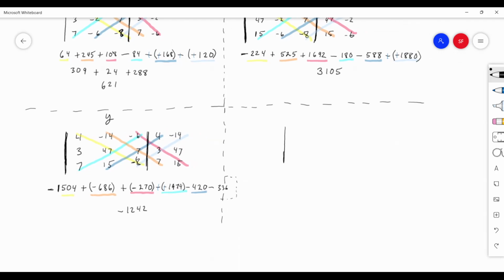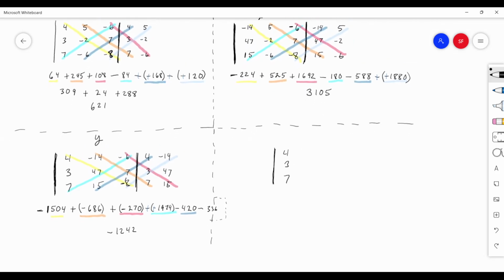I got negative 1,242. I got the same. Wait, no, I didn't. What did I do wrong? I am somehow off by 300. Negative 1,242.